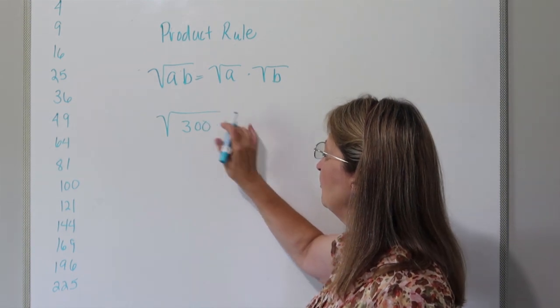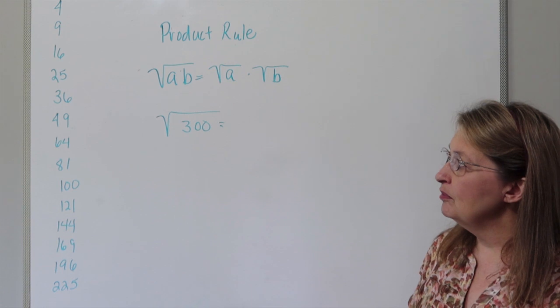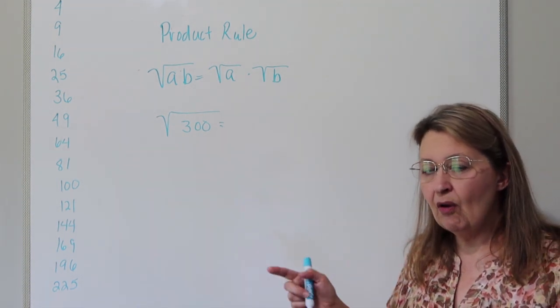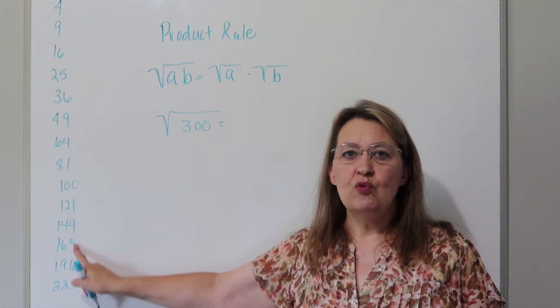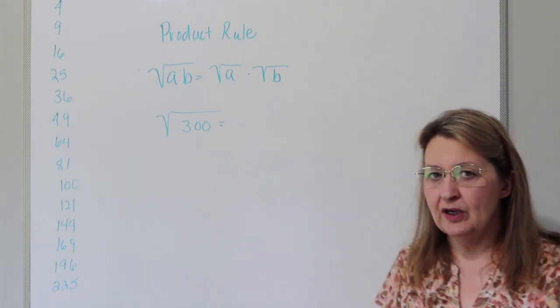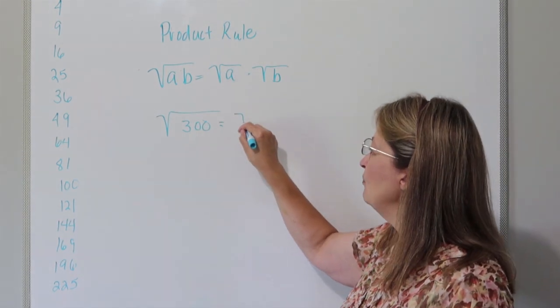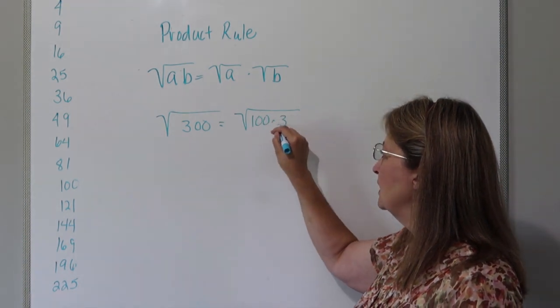We want to simplify the square root of 300. Now, it's not in simplest form as long as it has a factor, something you can multiply to get this, that is a perfect square. So which one of these numbers will go into 300? 100 will. So I can rewrite 300 as 100 times 3.